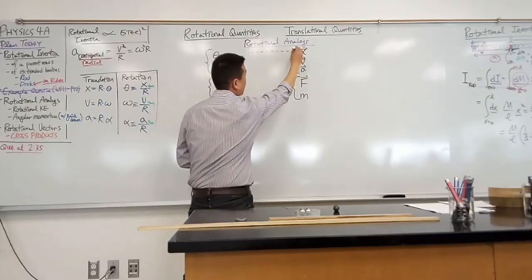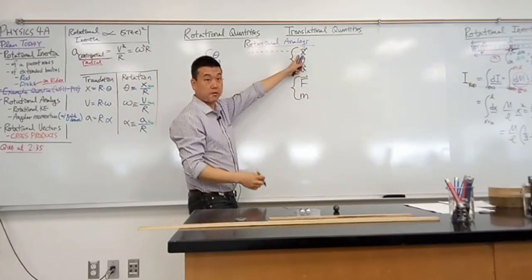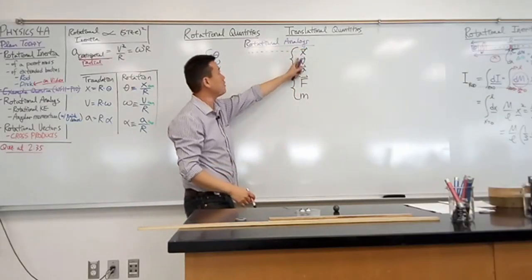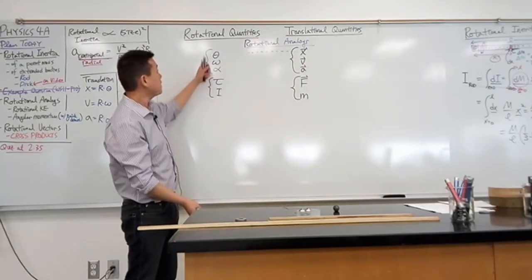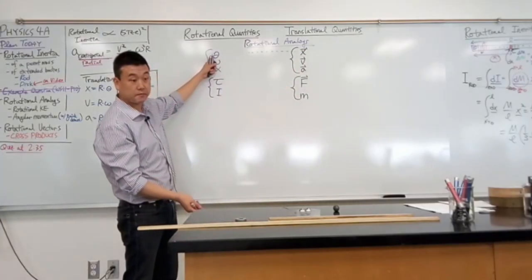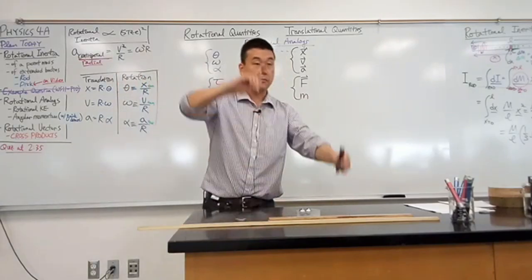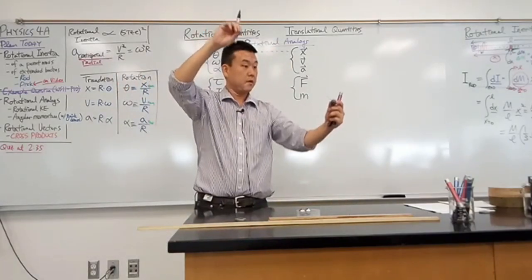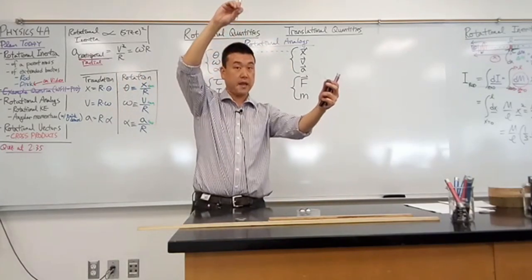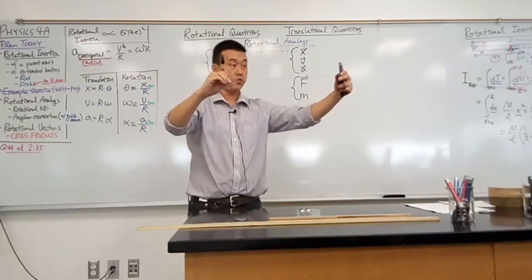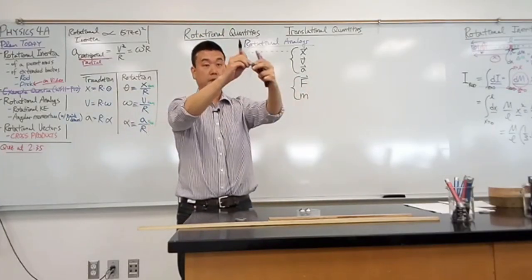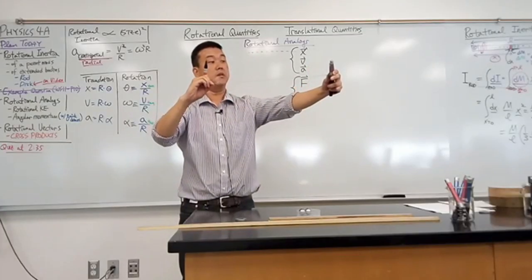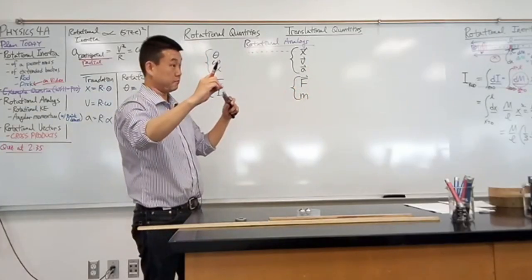Anything that involved position, if we are thinking about the rotational cases, you can express it in a way that involves angle. So if I'm talking about position, let's say the distance that this ball travels from here to over here, then I can express it as the radius times the angular position, right?